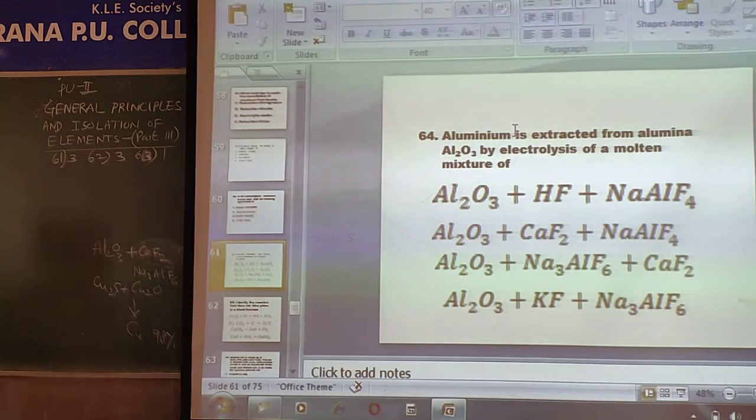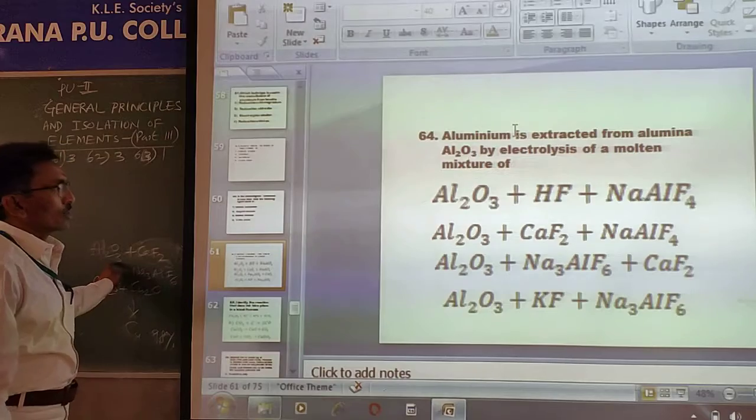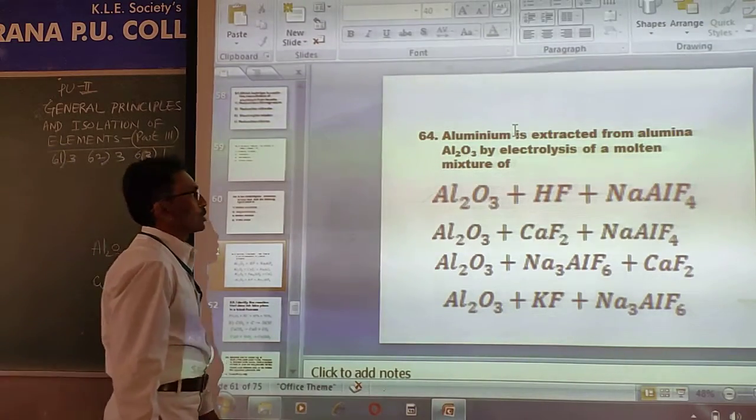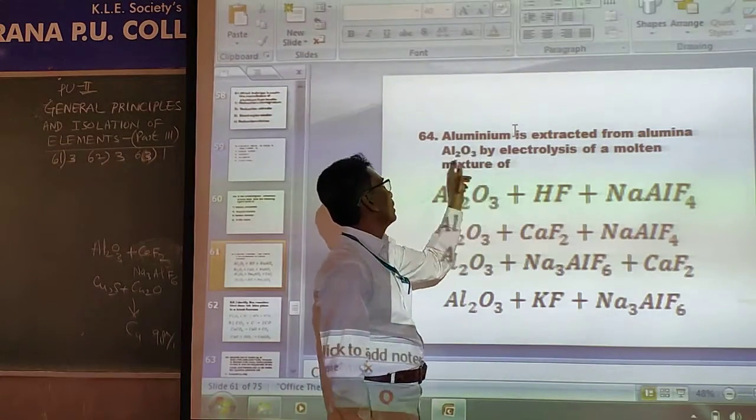Aluminium is extracted from alumina by electrolysis of a molten mixture, because Al2O3 is a bad conductor.